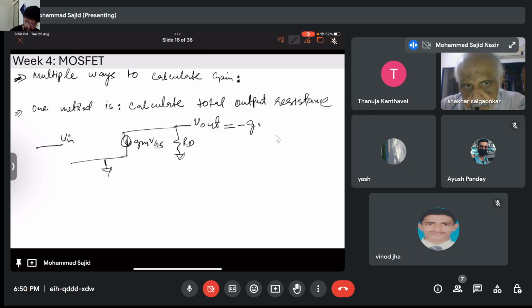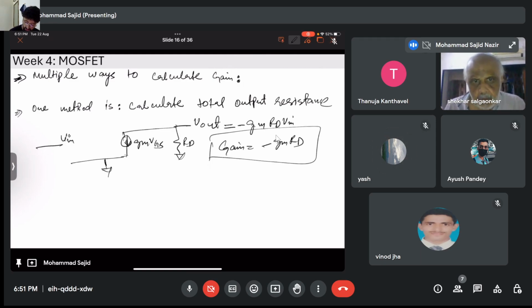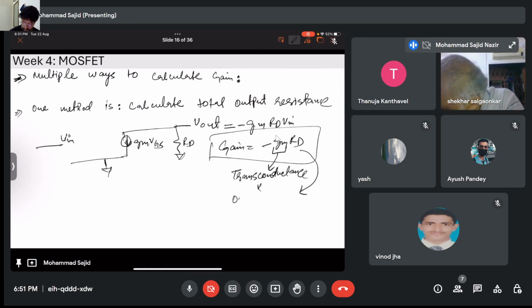So my V output will be minus GM RD V in, right? Yes. Gain will be minus GM RD. So basically, gain is your GM, that is transconductance, multiplied by output resistance. Correct?